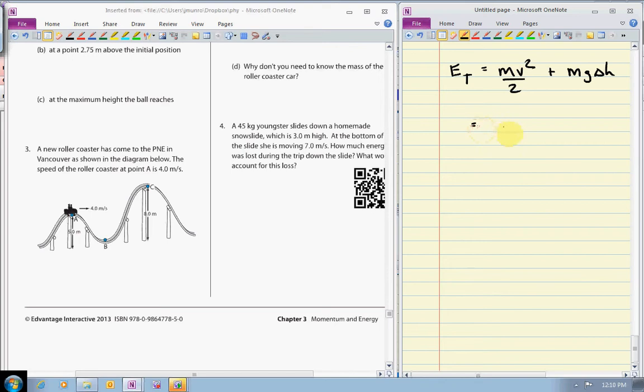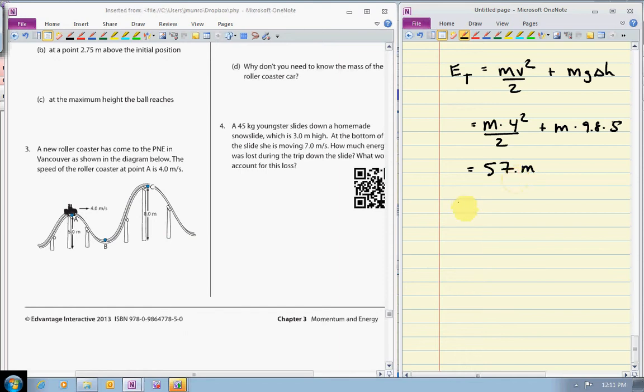We have enough information to figure this out for one position, where we have m, which we don't know, times velocity, which we do know, squared over 2, plus m, again the same mass, times 9.8, times the change in height, which is 5. What we get from this is 57 m, where m is mass.